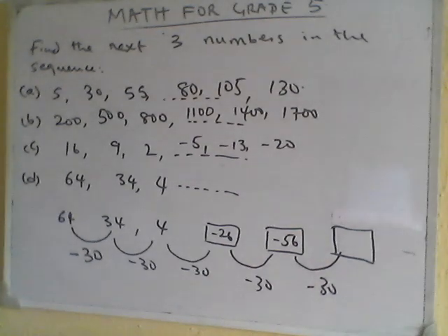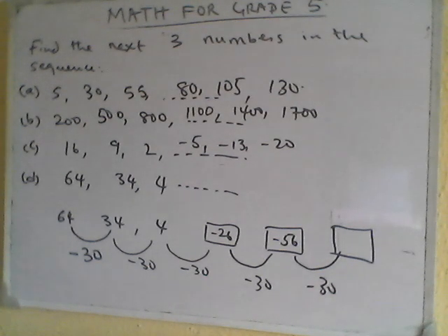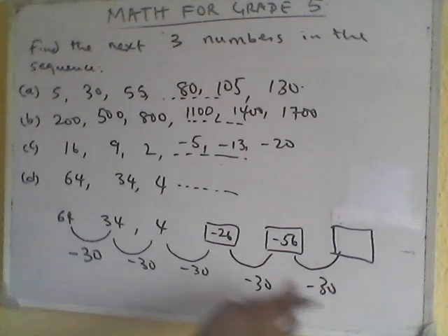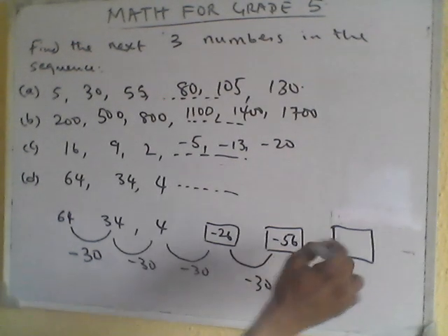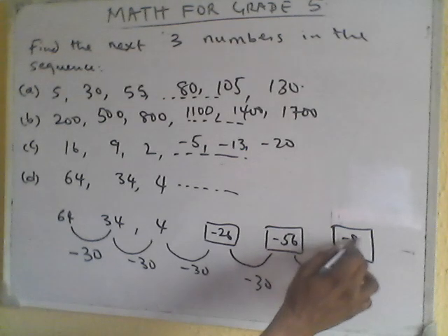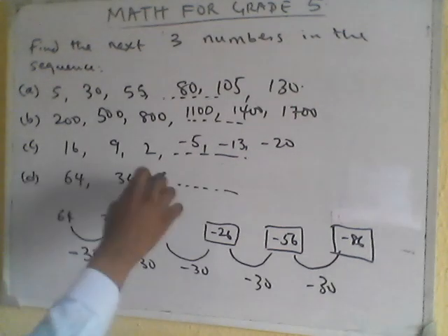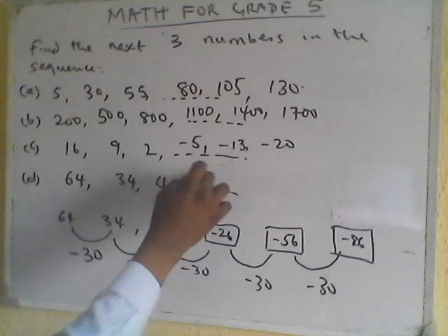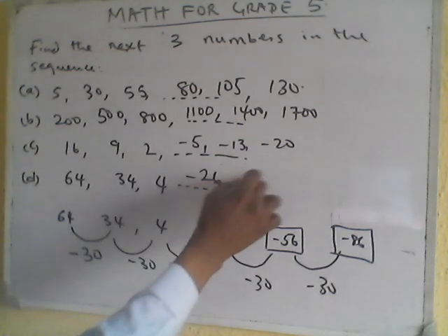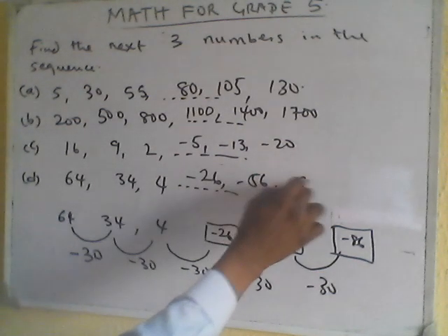And finally, minus 56 minus 30 will be minus 86. So the sequence here is minus 26, minus 56, and minus 86.